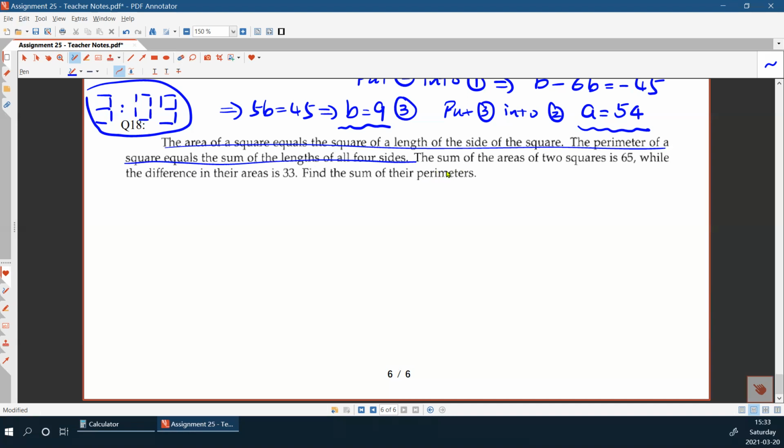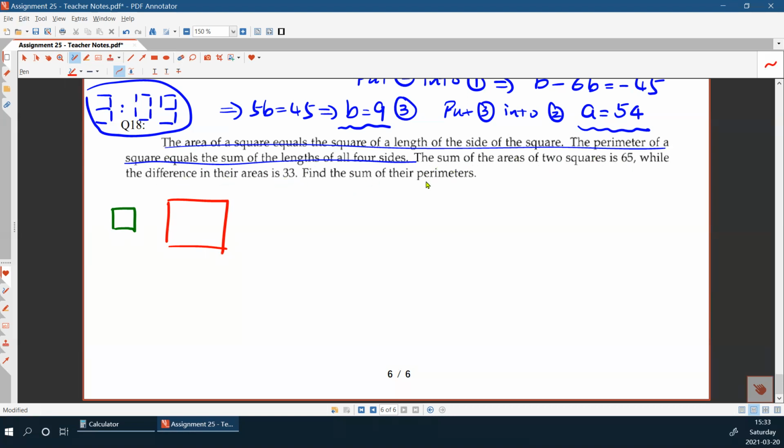And it also tells you that the sum of the areas of two squares is 65. So now we have two squares. Okay. Suppose this is a small one and this is a larger one. We know that the sum of the areas of the two squares is 65, while the difference in their areas is 33.